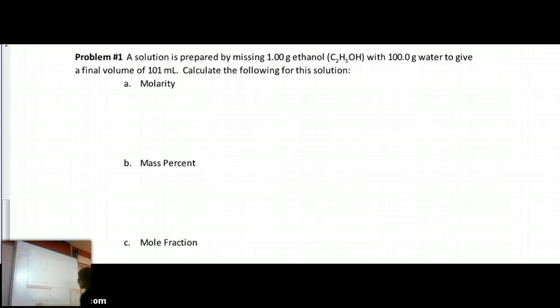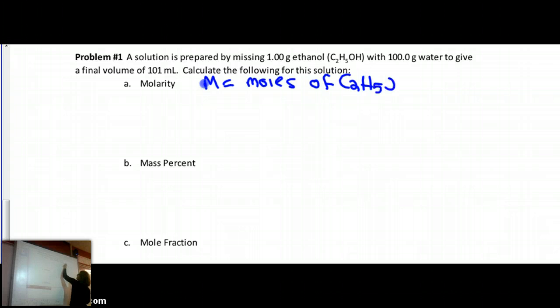We know the equation for molarity is moles of solute. This time we have to keep in mind, what's our solute? In this case, we have liquid ethanol because it's in the smaller concentration. So C2H5OH over liters of solution.